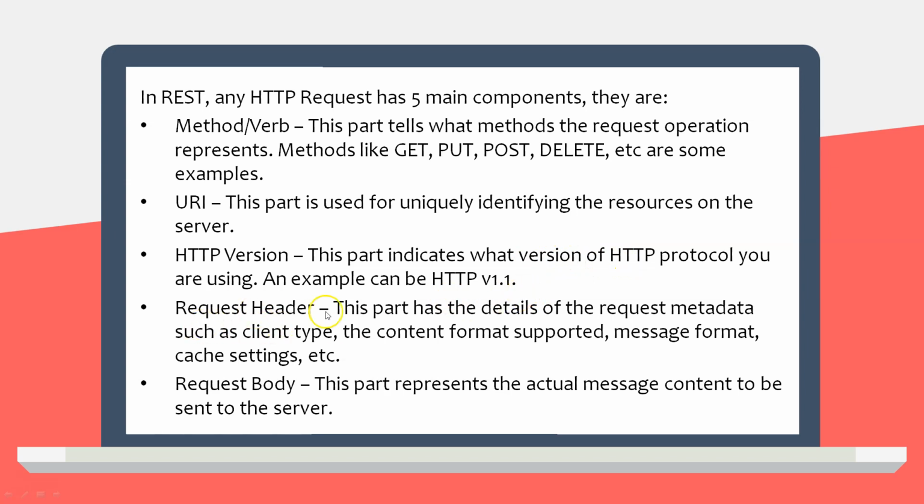Request header, so this has the details of the request metadata such as client type, the content format like JSON or XML, message format, cache settings, etc. Then we have the request body, so this represents the actual message content to be sent to the server. Alright guys, so every single HTTP request has 5 components: method, URI, HTTP version, request header, request body.